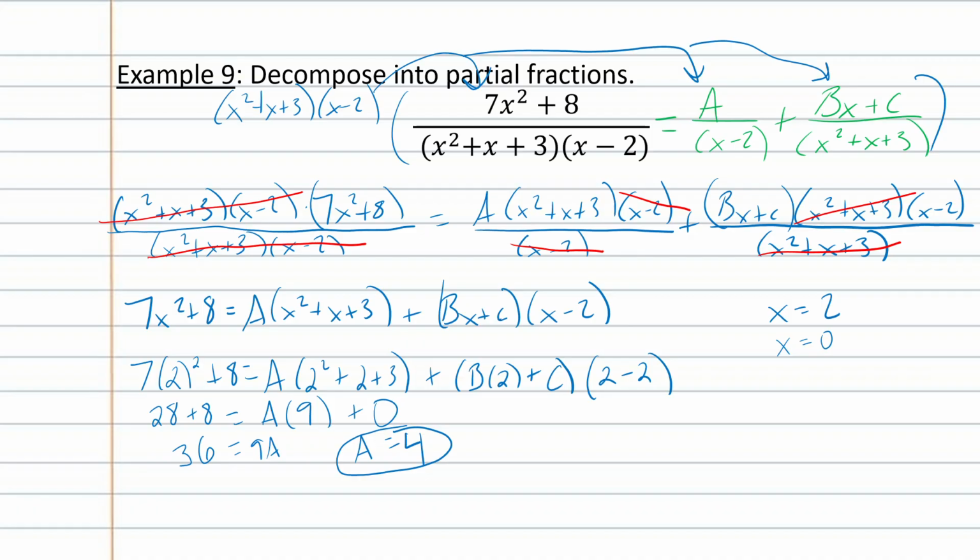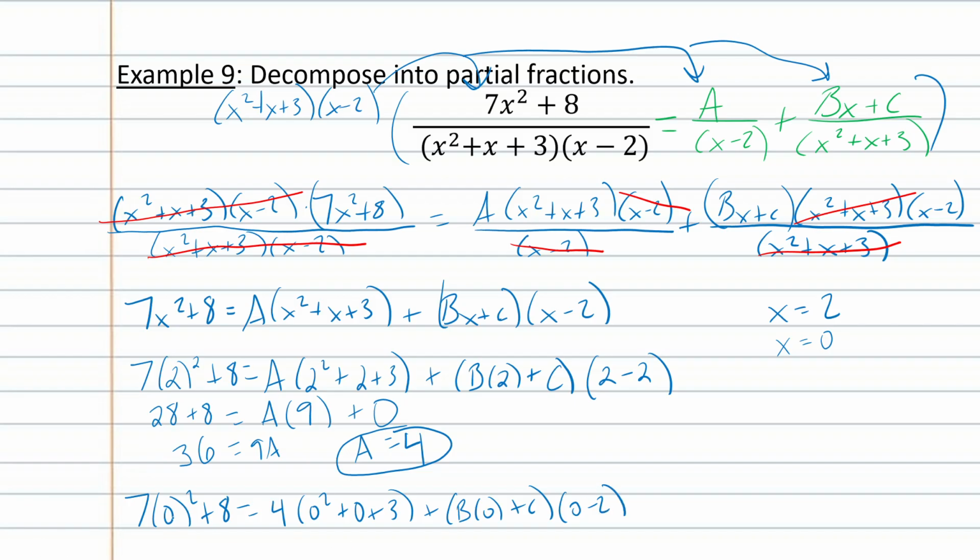Simple enough. All right. Now let's keep a as 4 and then plug x equals 0 in. So that's going to give us 7 times 0 squared plus 8 equals 4 times 0 squared plus 0 plus 3 plus b times 0 plus c times 0 minus 2.